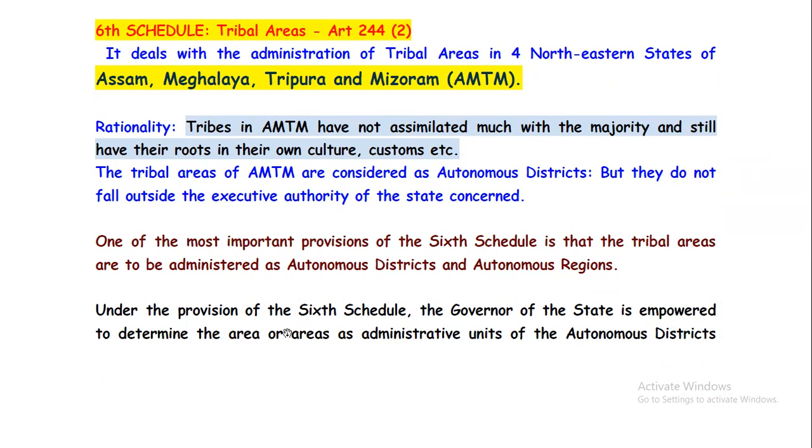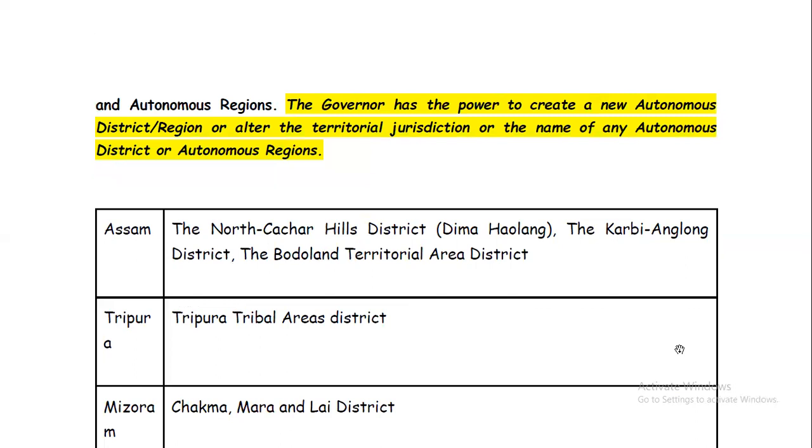Got it? Under the provision of the 6th schedule, the governor of the state is empowered to determine the area or areas as administrative units of the autonomous districts and autonomous regions. So in the case of 6th schedule areas, the governor has the power to create a new autonomous district or region, or alter the territorial jurisdiction or the name of any autonomous district or autonomous region.